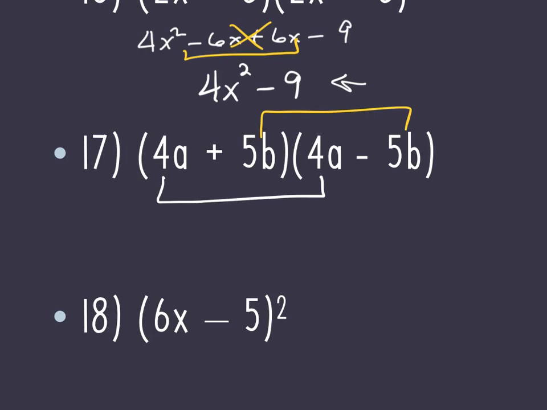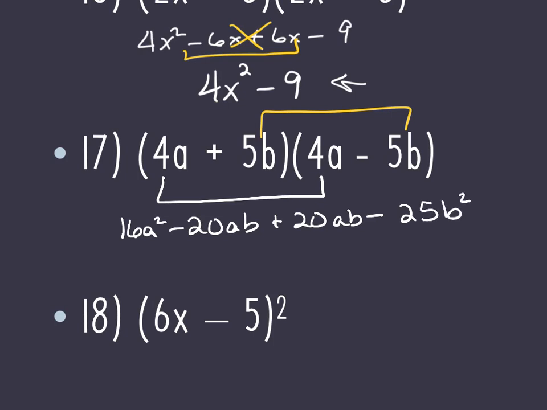So I would get 16a squared minus 20ab plus 20ab minus 25b squared. So the 25b squared is from last, and the 16a squared is from first. Notice outer and inner cancel. So the final answer here is 16a squared minus 25b squared.